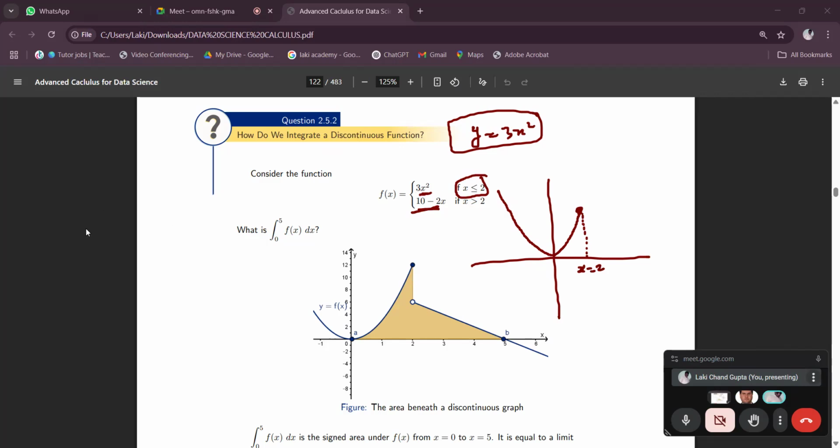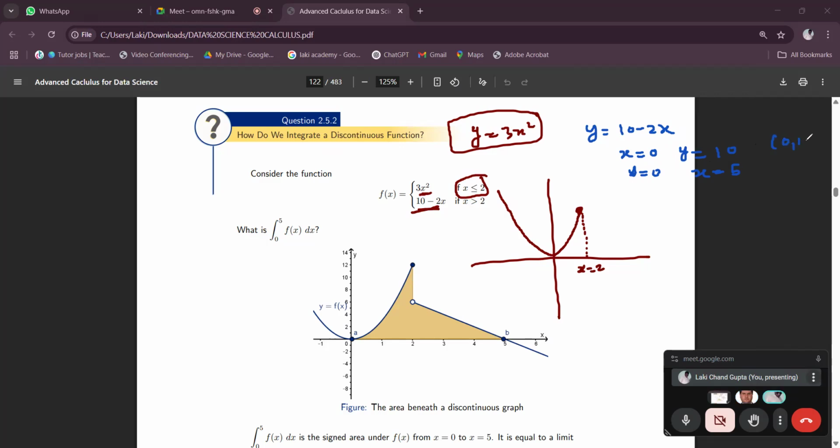But here it is saying that when the value of x is greater than 2, not equal to 2, its value is a line. And you know how to draw a line? I already told you how to draw a line. Put x equal to 0, y becomes 10. Put y equal to 0, x becomes 5, right?